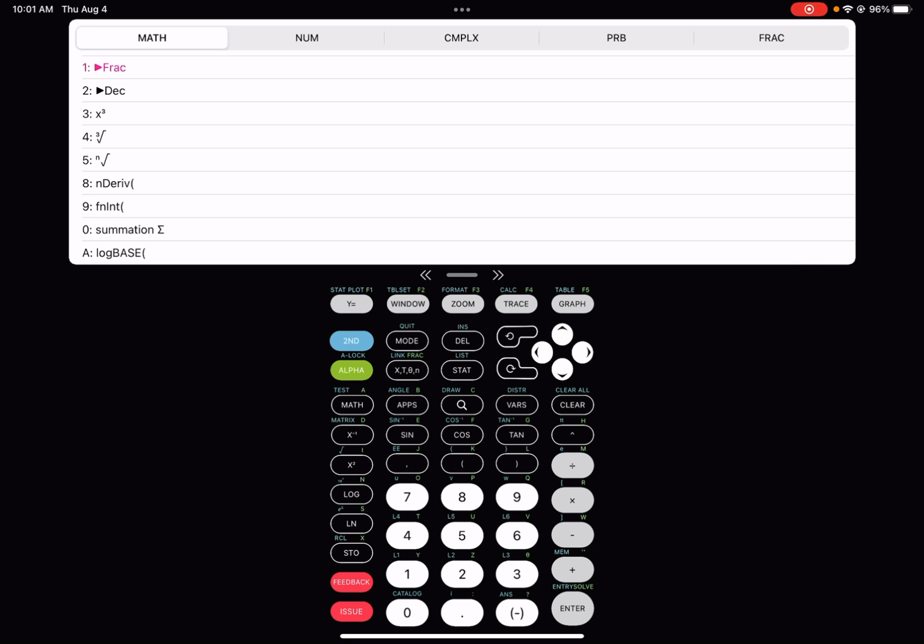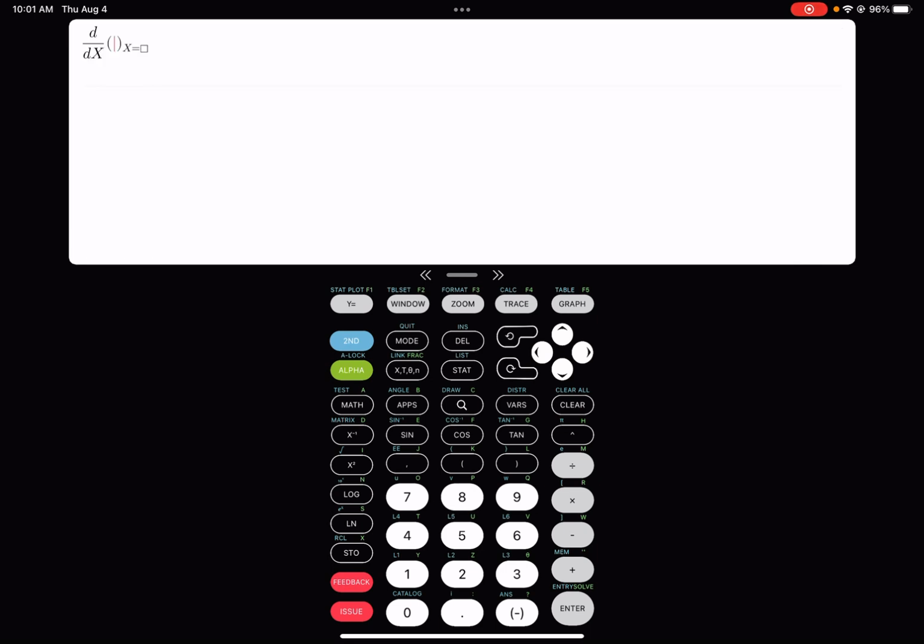That's derivative. So if I do math 8, it gives me this formula to fill out. Now, on your calculator, the X under the D might not be there. You might have to put that in yourself. So put in that X, and then I'm just going to put in my original function, 3x to the 3rd power. And then it asks me, what point do I want to evaluate the derivative?